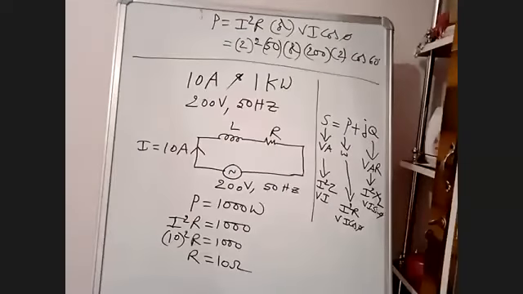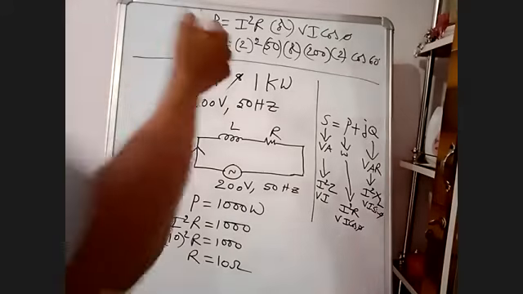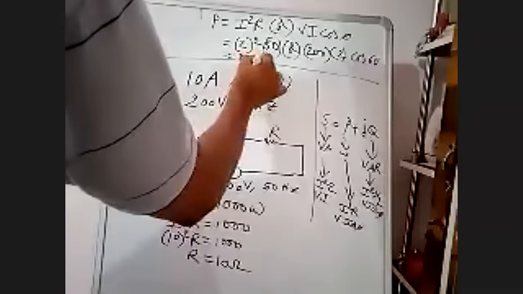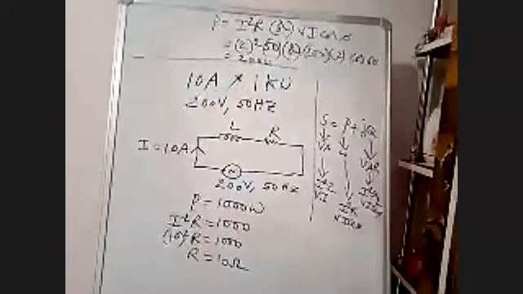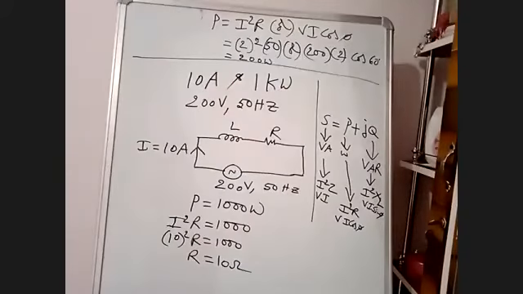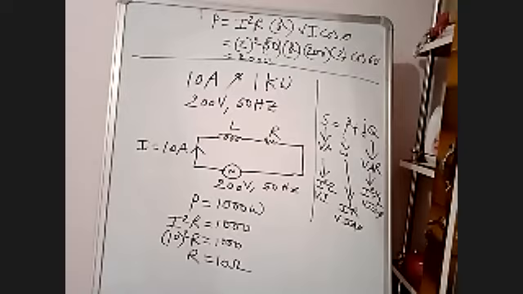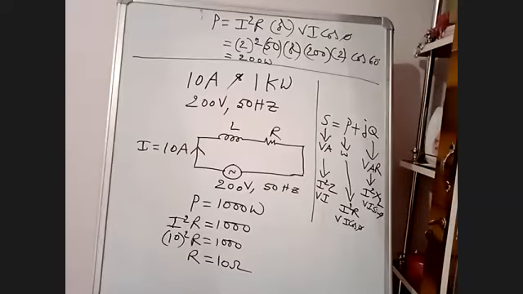Now calculate and see how much you get. 200 watts. That is what we forgot to calculate in the previous problem. And one more thing, while calculating powers, we have to take RMS values only. I and V are RMS. 4 into 50 is 200.